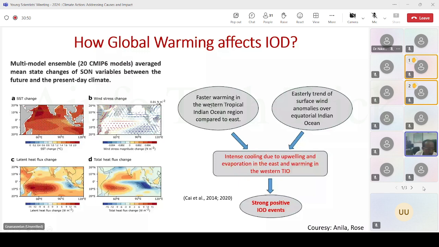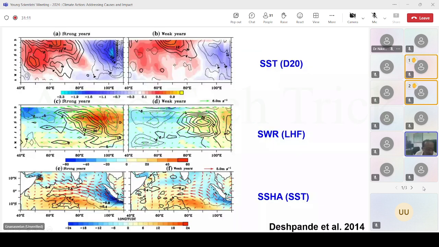You see large changes in the wave patterns and the ocean dynamics in the strong and weak years. Similarly, you can also see this in the forcing, like shortwave radiation, latent heat flux, or the wind patterns. So you can see it in all.